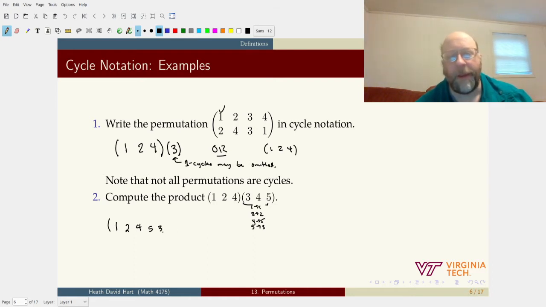And then let's look at what happens to 3. This function sends 3 to 4, and this function sends 4 back to 1, and so 3 ends up going back to 1, but 1 is at the beginning of the cycle, so I close this out. And so when I combine these 2 cycles, this is the cycle that I get. Okay?